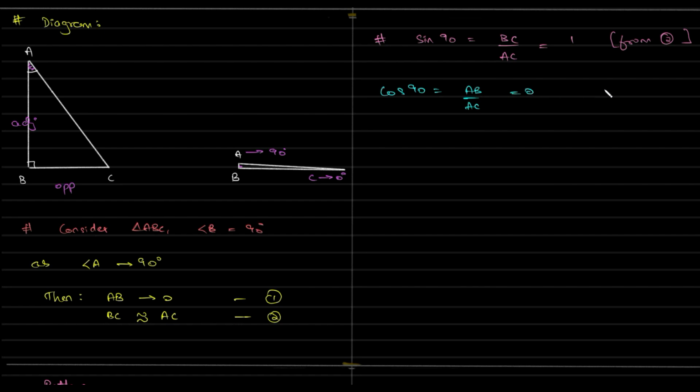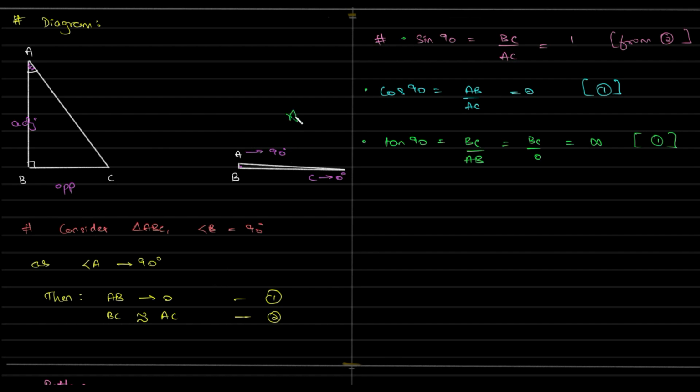Since this is 0, the whole ratio will be 0. And at last we have tan 90, which is BC by AB, right? Opposite by adjacent. But here AB is 0. Anything divided by 0 is undefined. So we'll write it as infinity. Okay. And this is your derivation for your 90 degree.